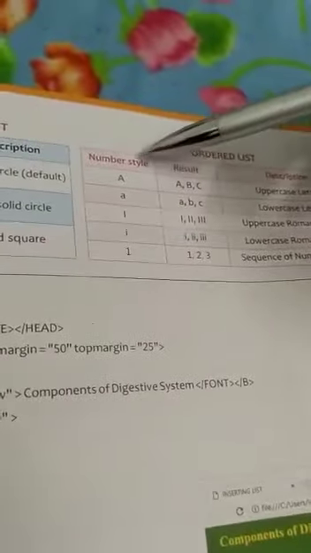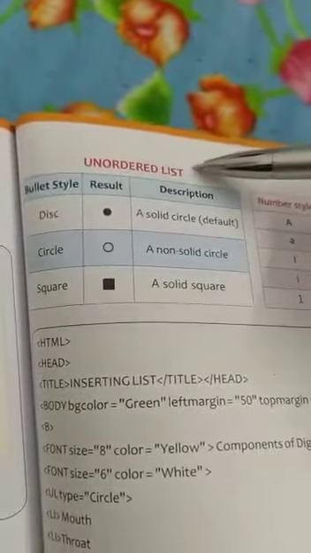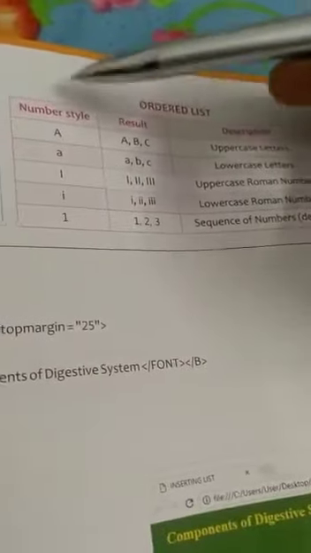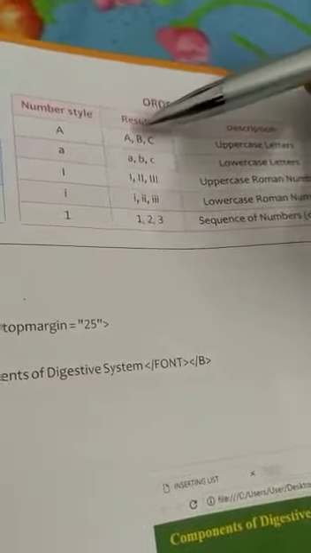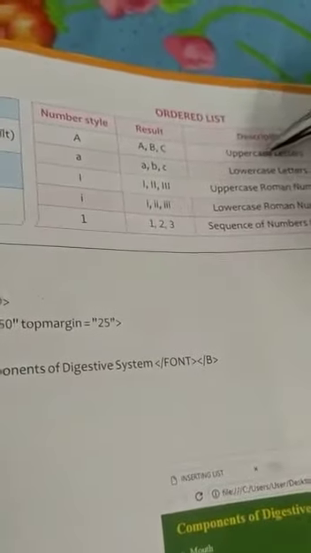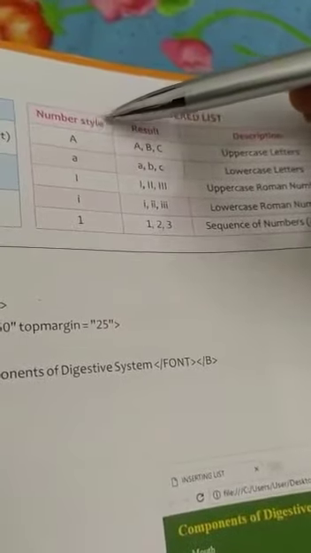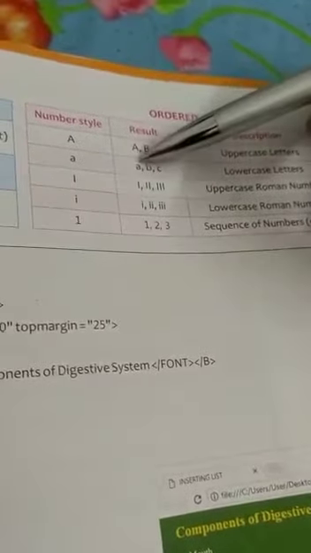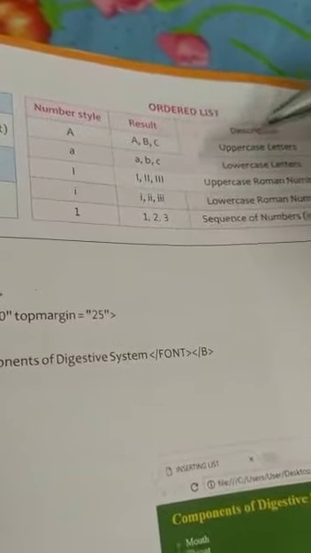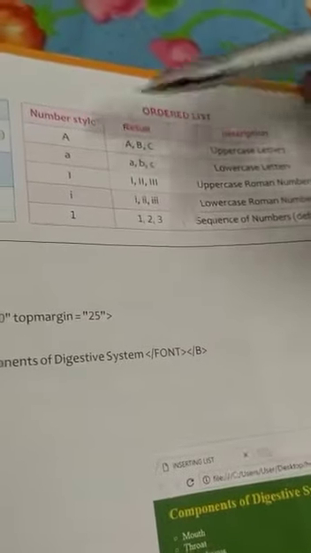And these are the number styles for an ordered list. This is the bullet style for an unordered list. For a numbered list, style will be capital A, result A, B, C, uppercase letters, capital ABC. This is the number style small a, small b, small c, lowercase letters.